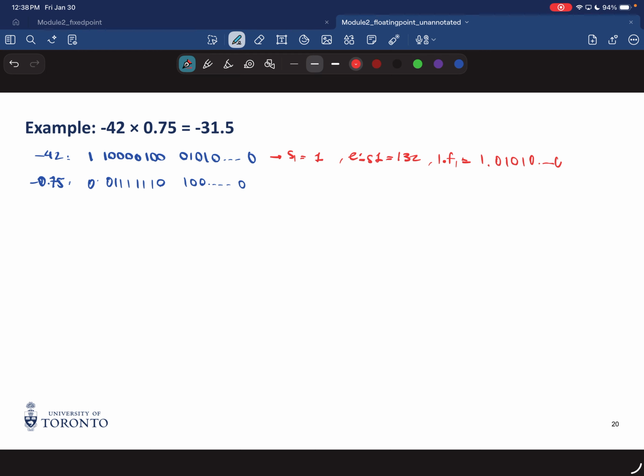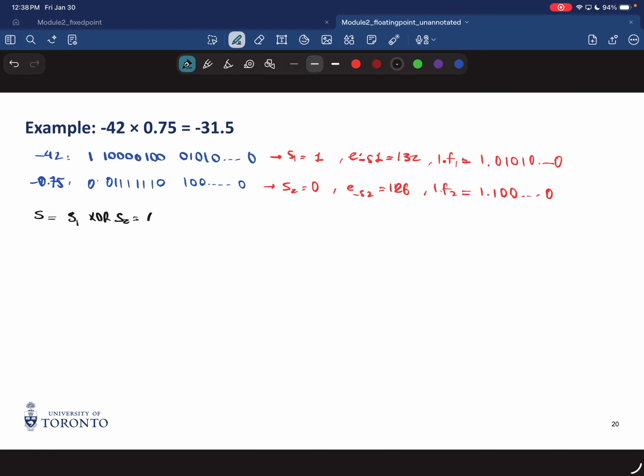The rest of it is just 0. S2 here is 0. And then E stored 2 is 126. 1.F2 is going to be 1.1000. Okay. Following the steps, the sign of the multiplication is going to be S1 XOR S2, which is going to be what?